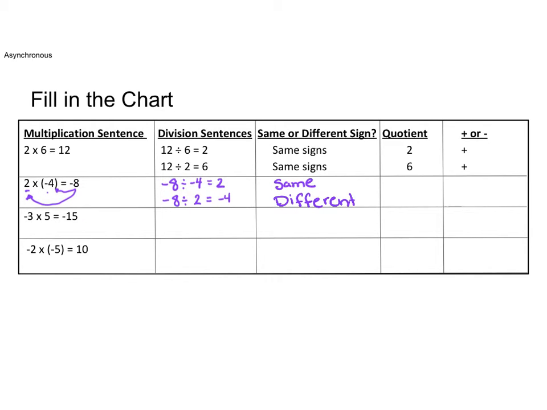So those are different. What's my quotient? So for the same signs, I got a 2. And for the different signs, I got a negative 4. Now, is it positive or negative? Well, the 2 is positive and the negative 4 was negative. So I'm going to put negative. I'd like you to do the last 2 rows and fill out the chart. So go ahead and pause now and fill out these 2 rows.